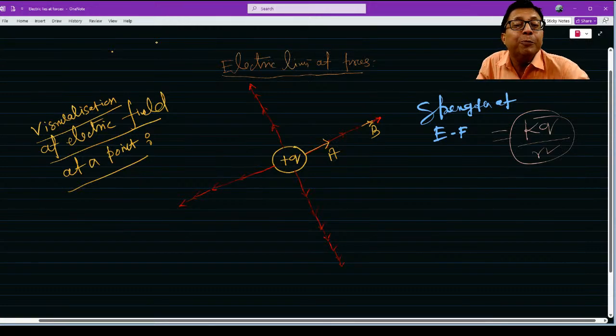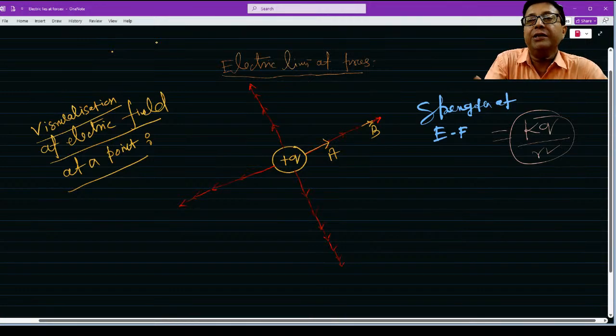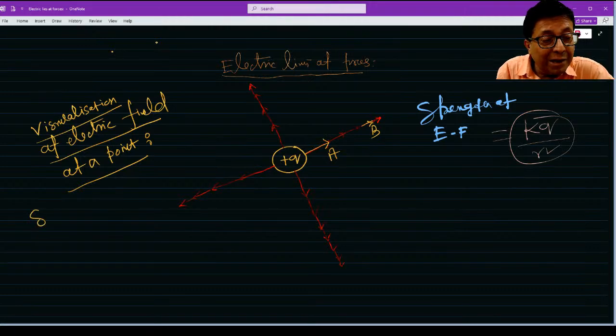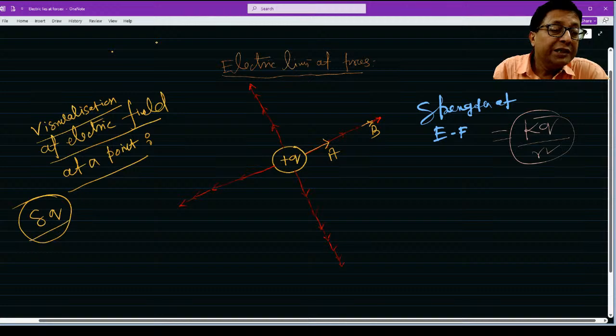Now, why are we putting arrows outward? It is because the electric field due to a positive charge is radially outward. Why? Because it is the magnitude of force experienced by a vanishingly small test charge per unit charge of it.